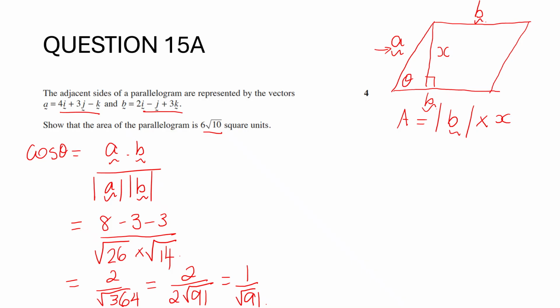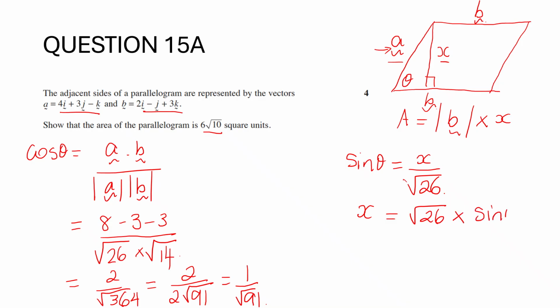Okay, in order to work out x, we're going to use right-angled trig. So sine theta is equal to x over the magnitude of vector A, which was root 26. And so x is going to be equal to root 26 times sine theta.